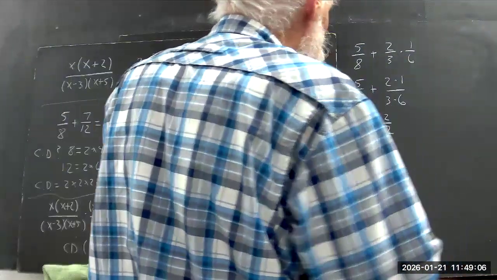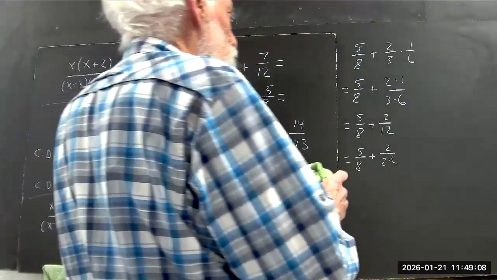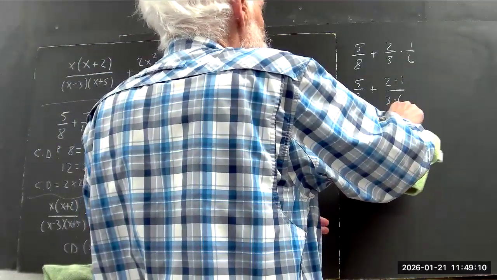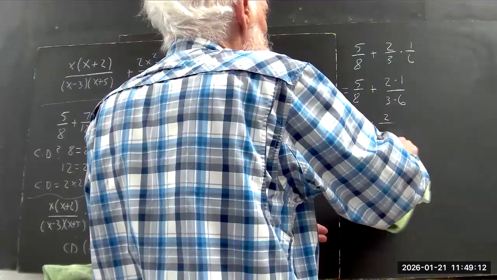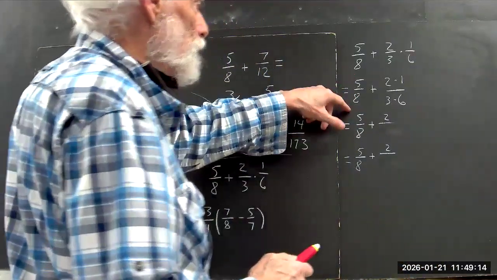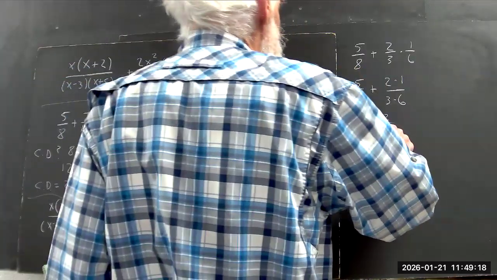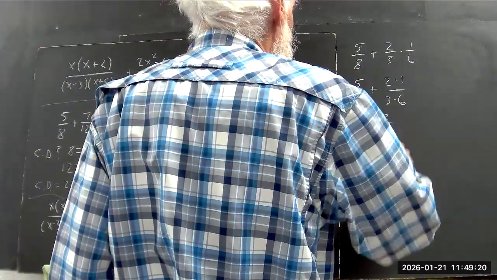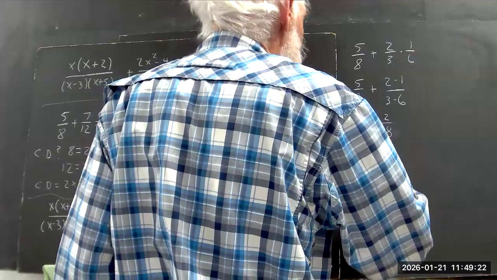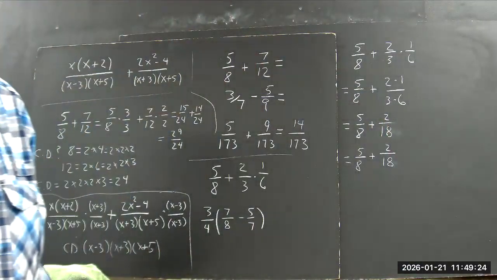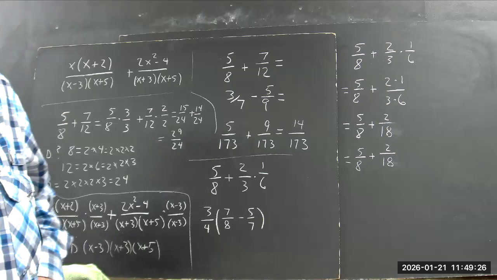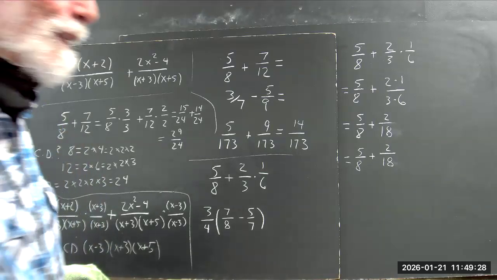I just kept it while I was supposed to be multiplying 3 by 6. So in the third step, after 5/8 plus 2 times 1 over 3 times 6, I should have had 2 over 18. Thank you. Keep an eye on me. I do those things. Okay.